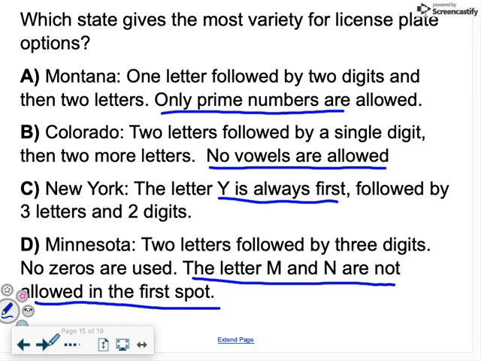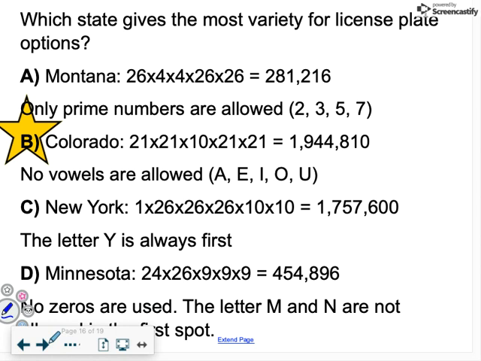Those are our options here, and we are trying to find the one with the most variety. Again, I'll have the answer on the next slide if you want to pause it. It would be Colorado who had the most, at 1,944,810.